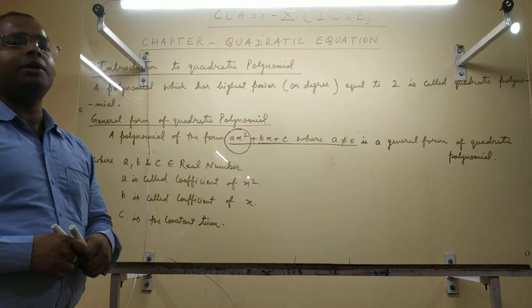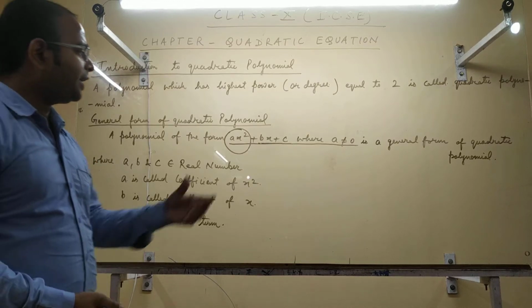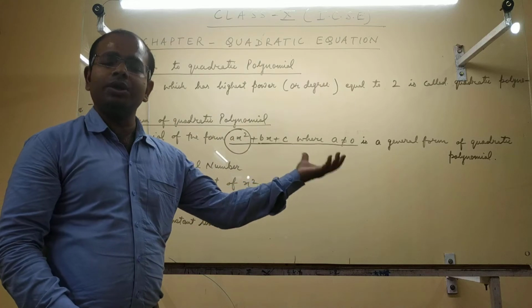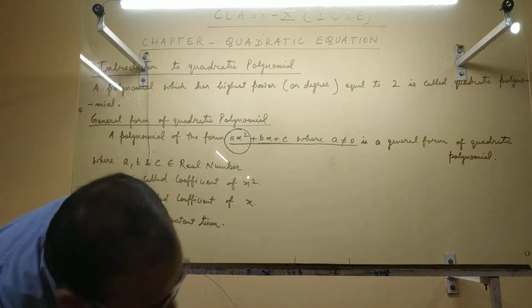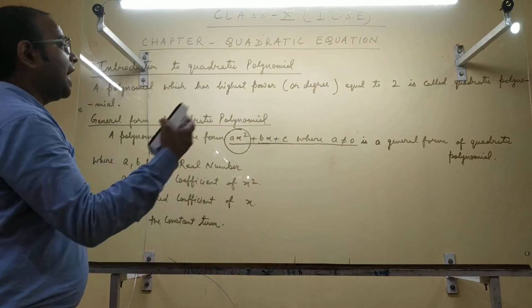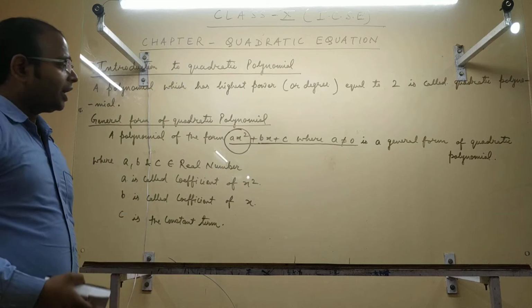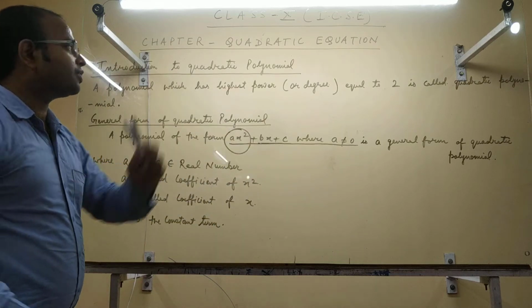A polynomial becomes an equation if the entire expression equates to 0. So this quadratic polynomial can become a quadratic equation if the expression is equal to 0.